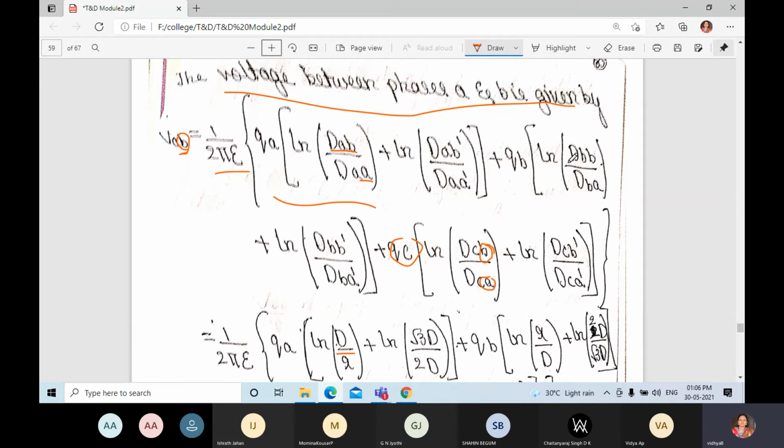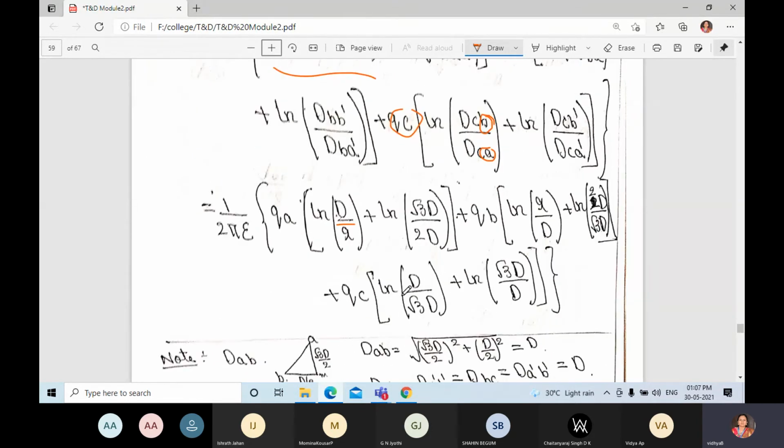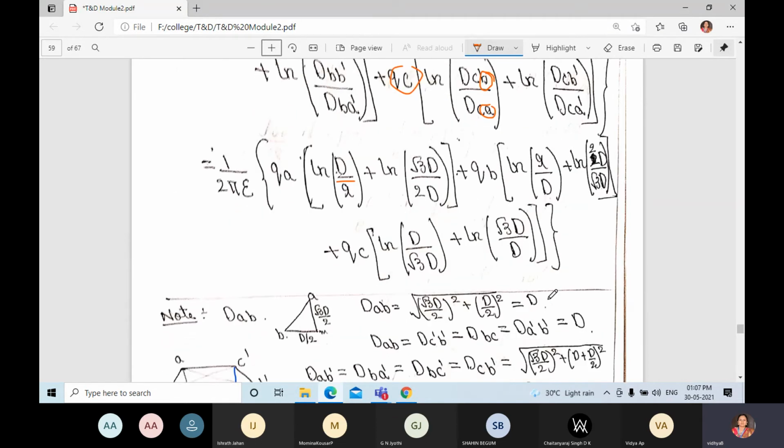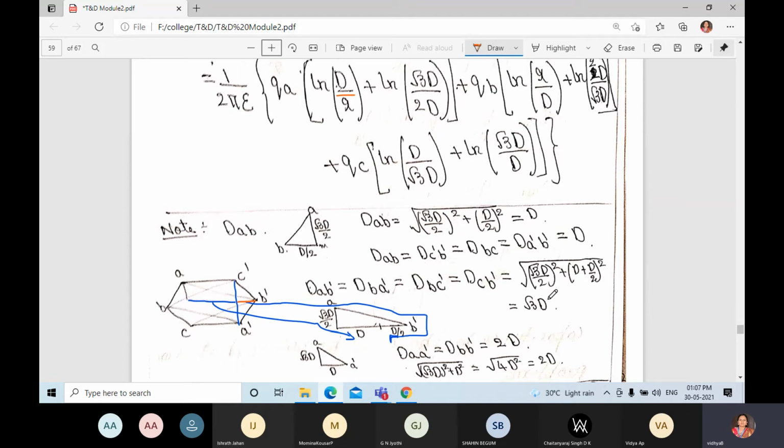Plus Q_B ln R divided by D plus ln 2D divided by square root of 3 D, plus Q_C ln D divided by square root of 3 D plus ln square root of 3 D divided by D. If we don't know the distance, then we need to find it out.